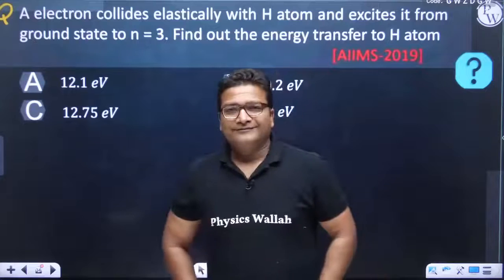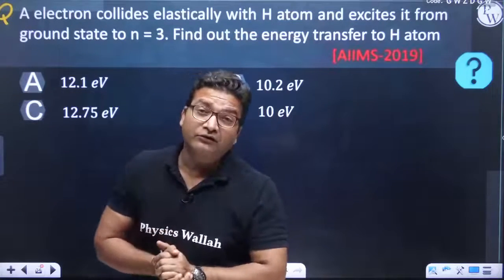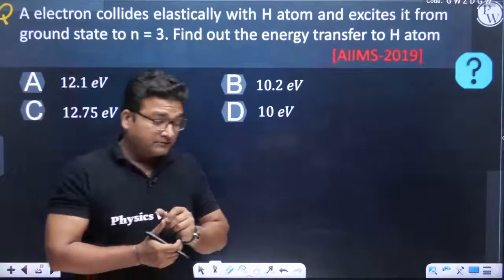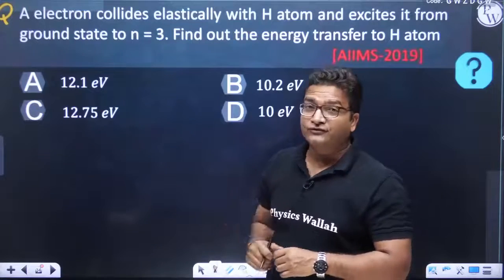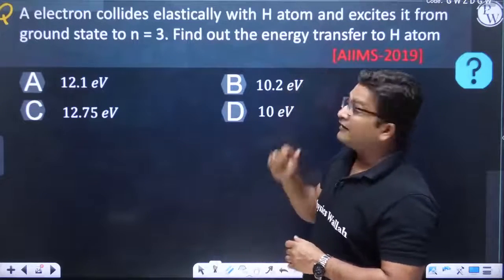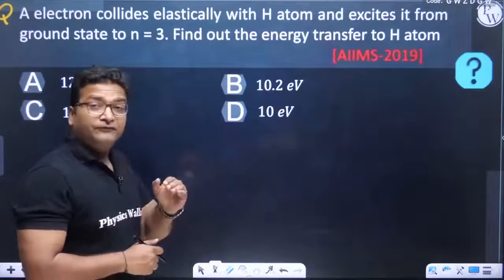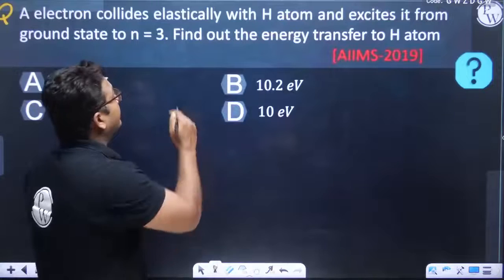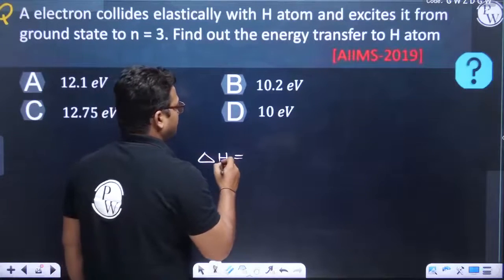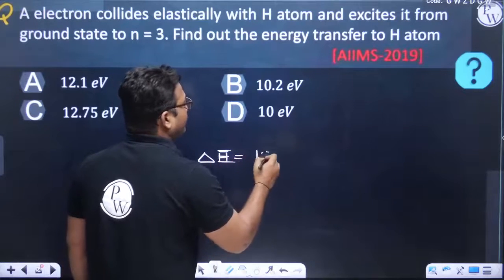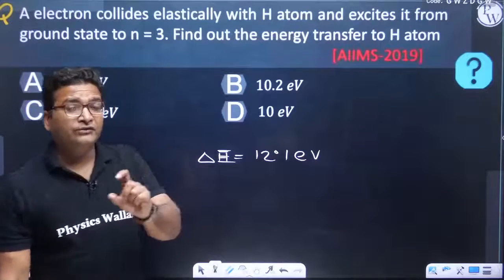Here in this question, they say an electron collides elastically with a hydrogen atom, and the atom's electron jumps from the ground state to n equals 3. So what is the energy transferred to the atom? I think you already know the energy difference between the ground state and n equals 3 is equal to 12.1 electron volt, as the energy difference between 1 and 2 is 10.2.